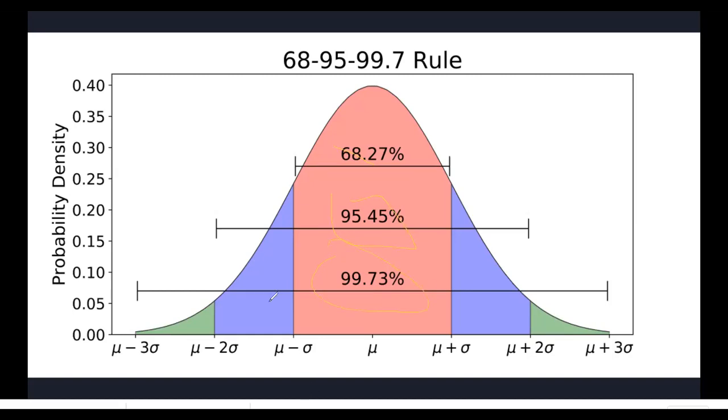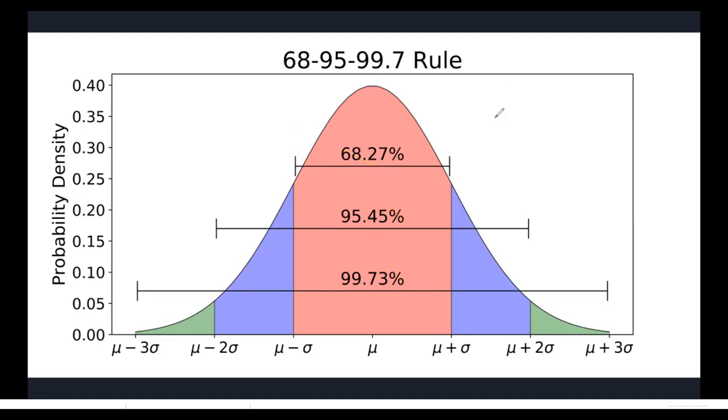Most of our studies fall between 95.45%. In particular, the empirical rule predicts that 68.27% of all observations are within the first standard deviation, 95% within the first 2 standard deviations, and 99% within the first 3 standard deviations, if your sample size is accurate.